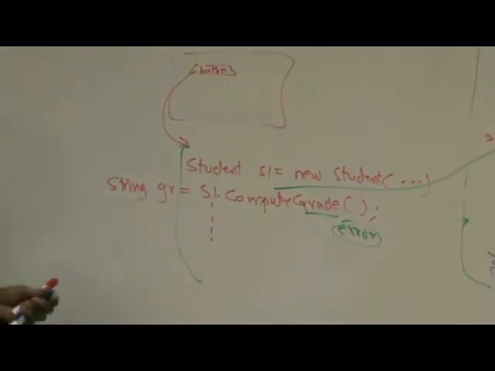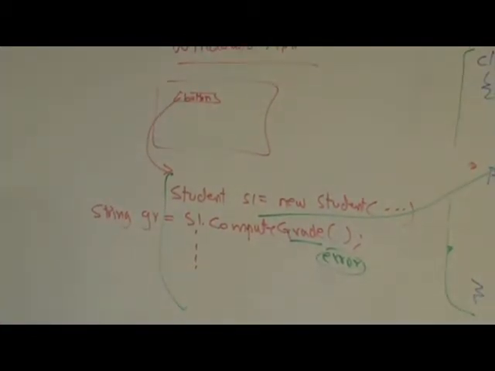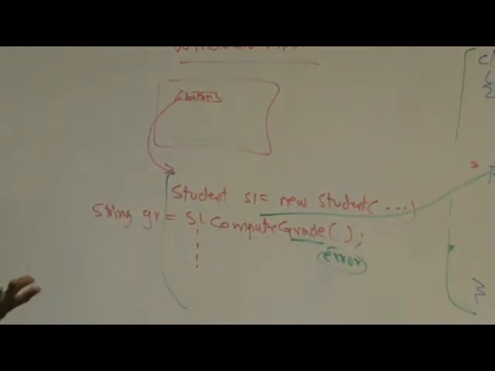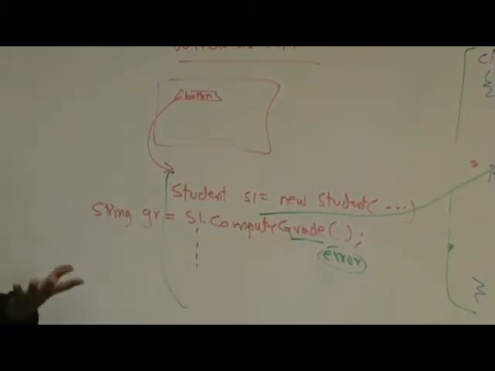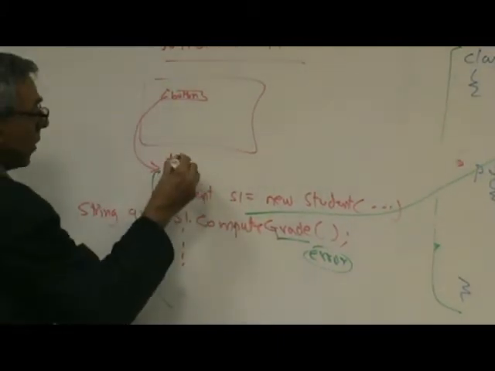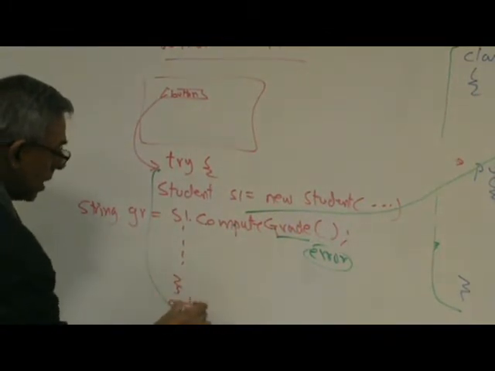So what happens if there's an error in one of the lines that we are executing and we did not handle it in a try and catch? Your program will crash saying unhandled exception. So what's the proper way to do it? In the button handler also, put a try and a catch.